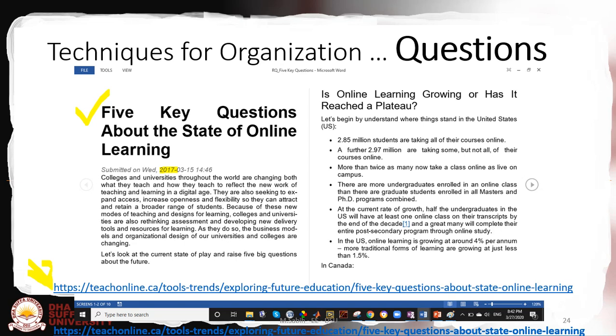The question number 1 is: is online learning growing, or has it reached a plateau? There will be a small paragraph initially, and then we have the question, and then we have the complete answer to that question.